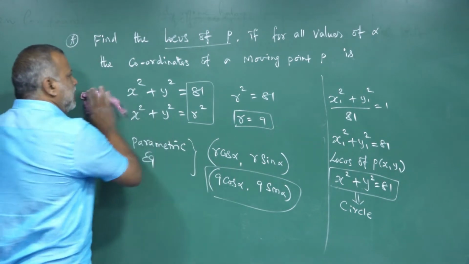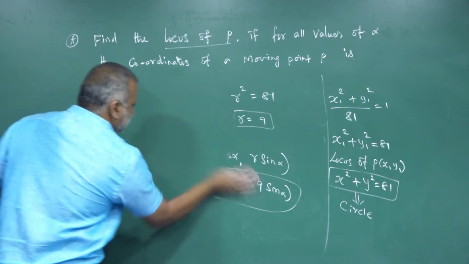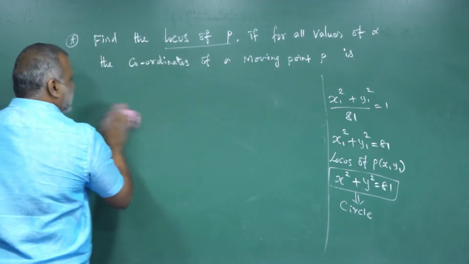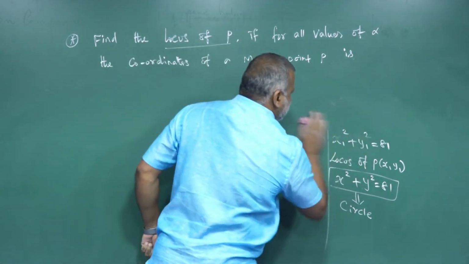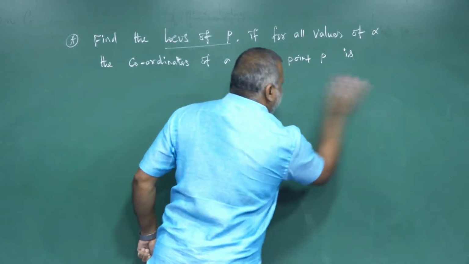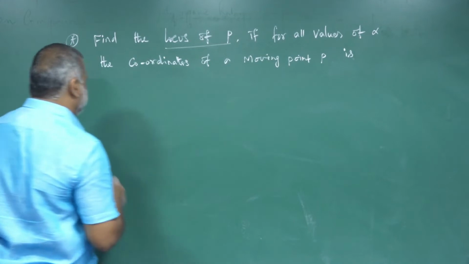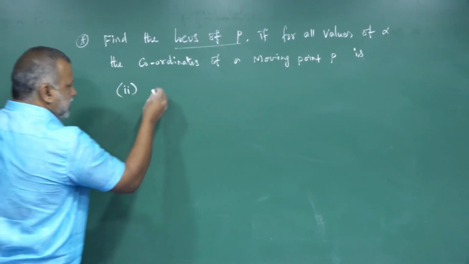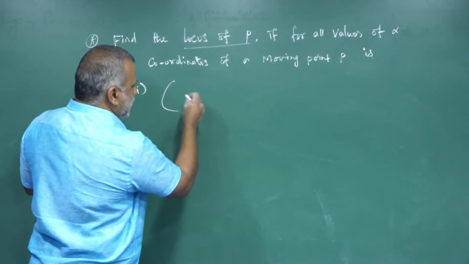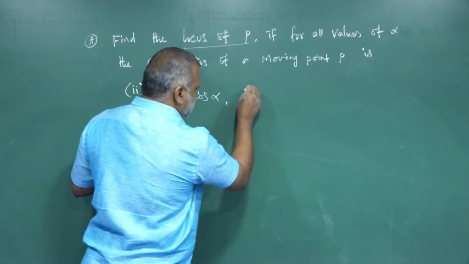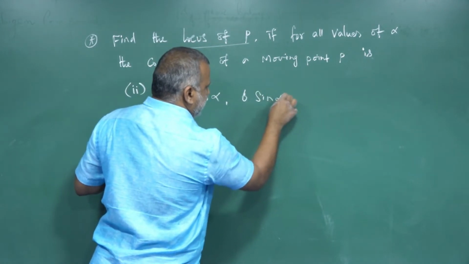The same model, we have one more equation, a small difference. Just instead of this 9 cos alpha, 9 sin alpha, we have a different formation. This is the second question based on the same type. We see here the second question, 9 cos alpha, comma, 6 sin alpha.